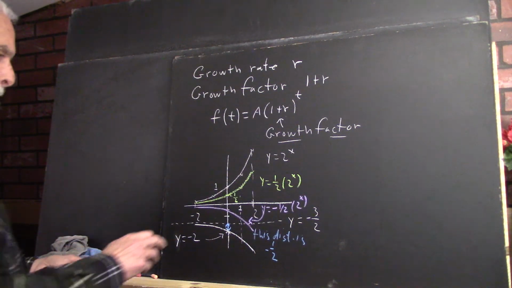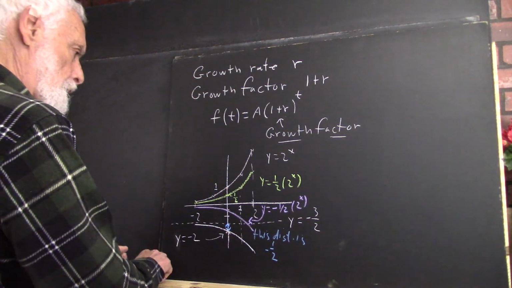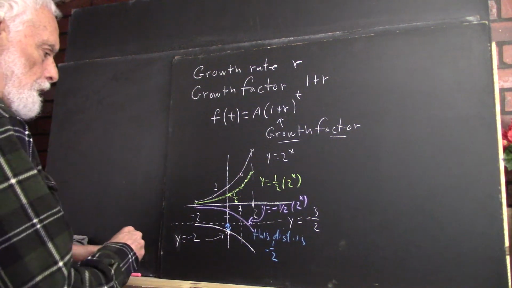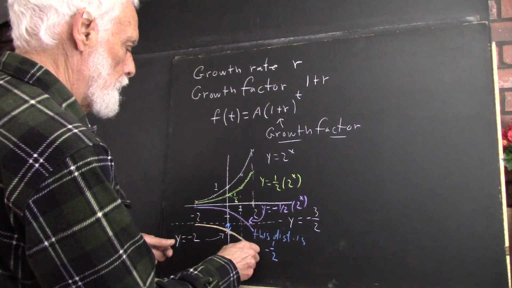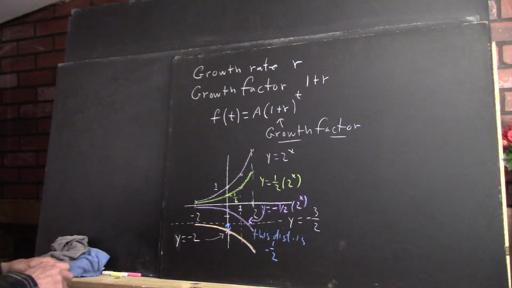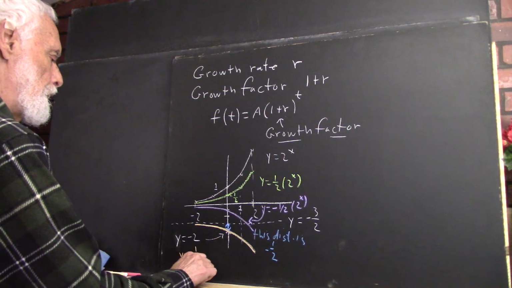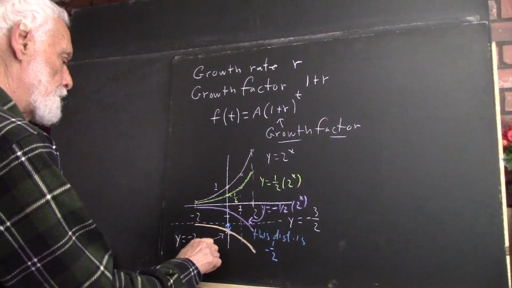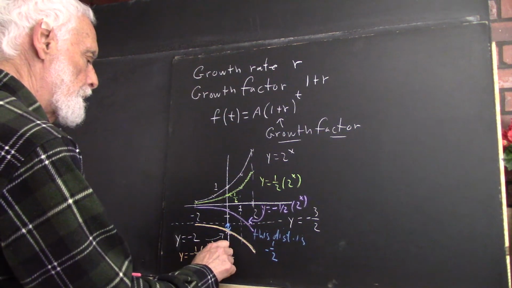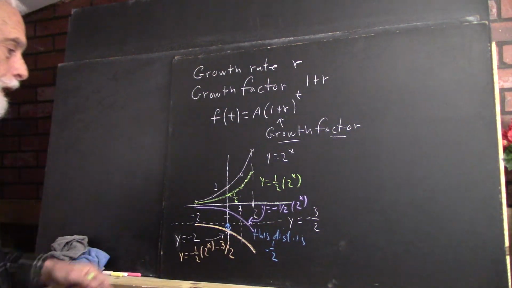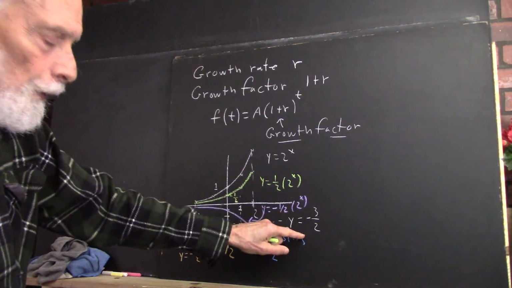So now this graph, which I'm going to color code like this, this graph is going to be y equals negative 1/2 of 2 to the x minus the 3/2, you need to bring the asymptote down 3/2 of a unit.